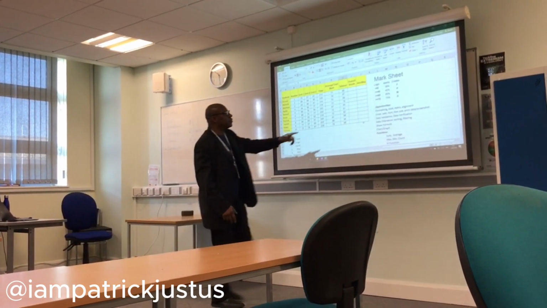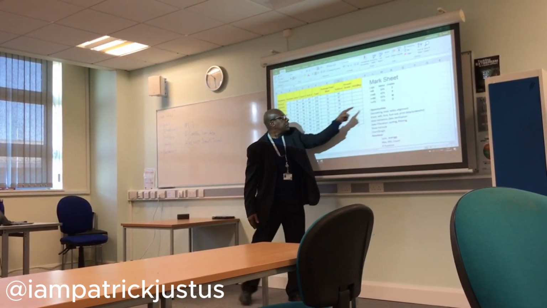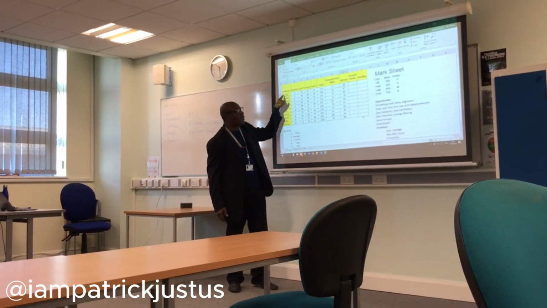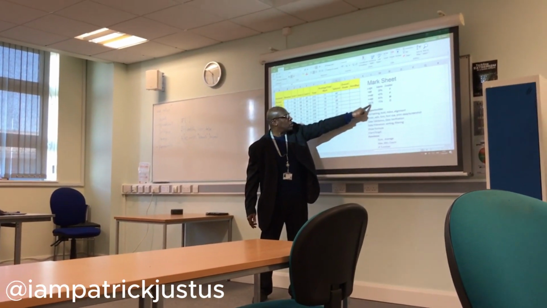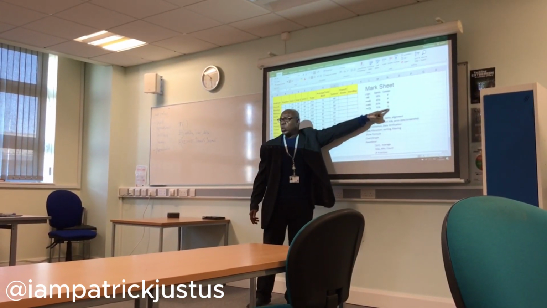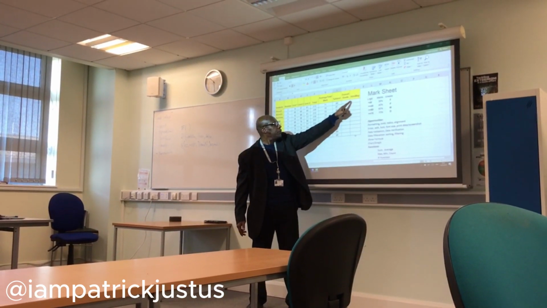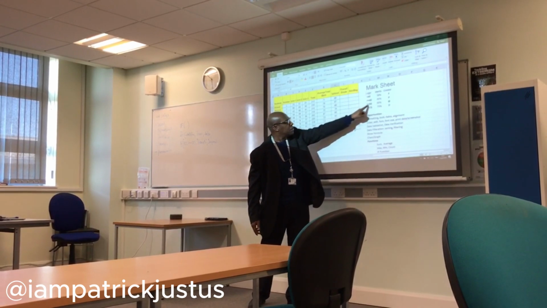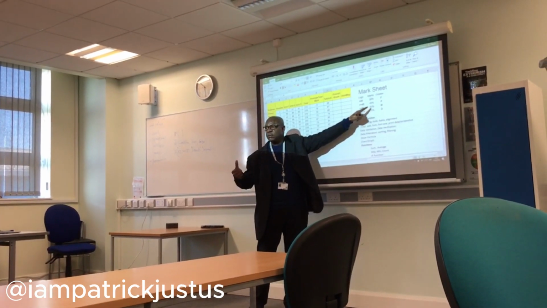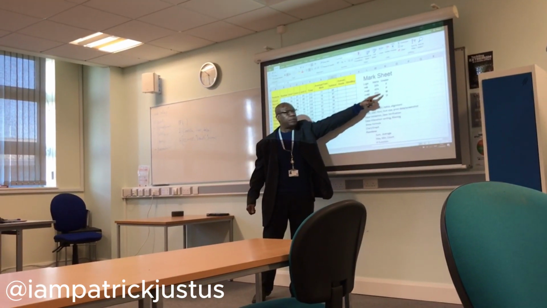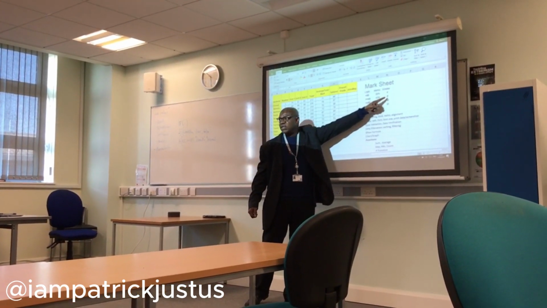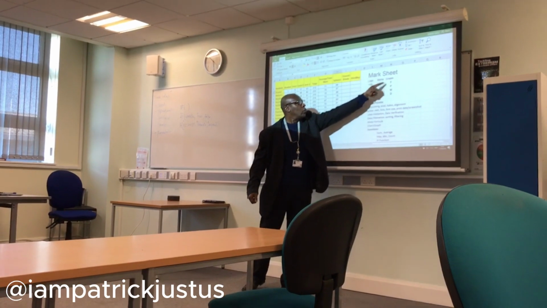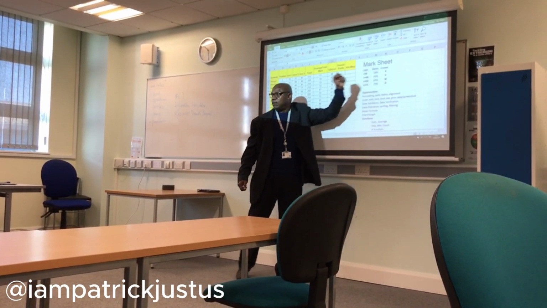When the score of a particular student, for example Ahmed, is greater or equal to 75, we put a D there for distinction. If it's greater or equal to 60%, we put a merit. If it's greater or equal to 40, we put a pass. Otherwise, it's a fail. Okay?